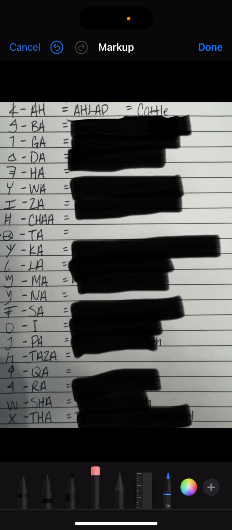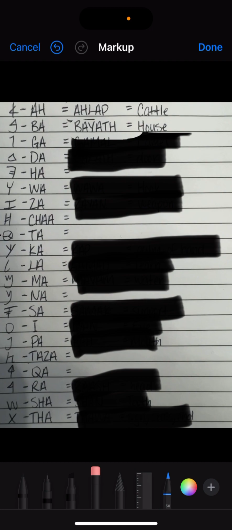The next pronunciation that we have is ba, and it derives from the word bayaf, which means house.